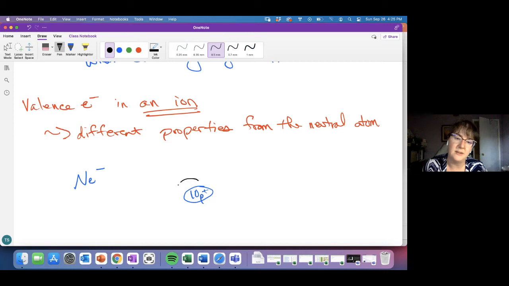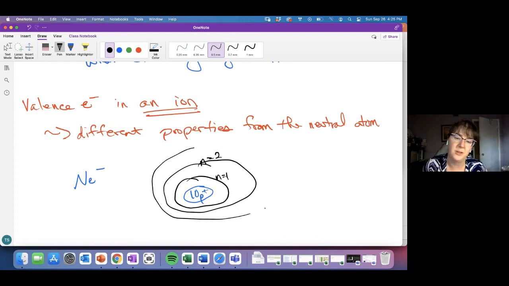Then I'd have 2 electrons in n equals 1, and 8 electrons in n equals 2, and then I would have 1 lone electron in n equals 3. So what would I call valence? Would I call the electron in the outermost shell at n equals 3 a valence electron, or would I call all of the electrons at n equals 2 and n equals 3 valence?